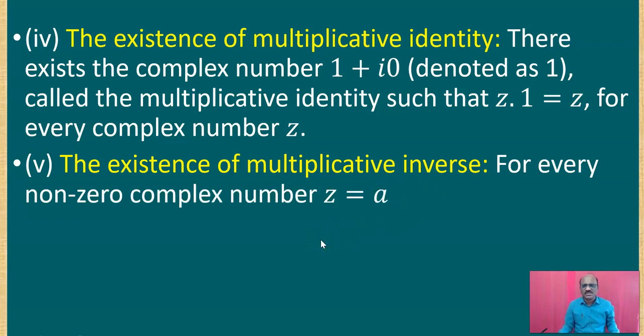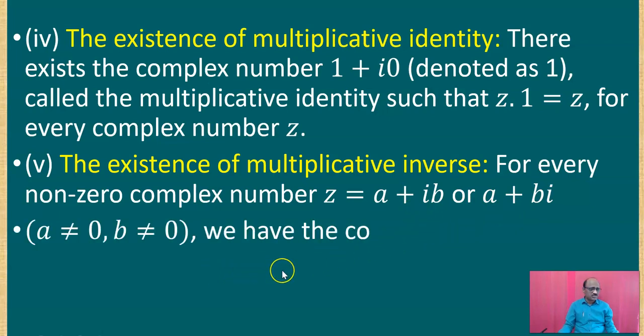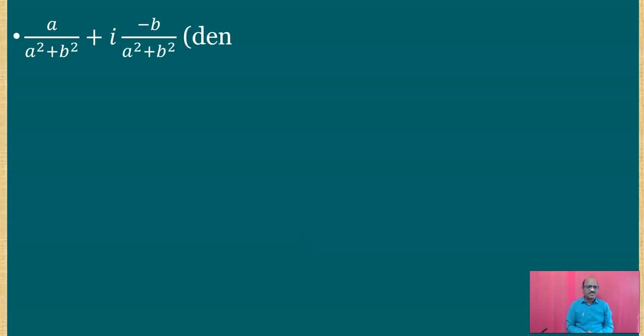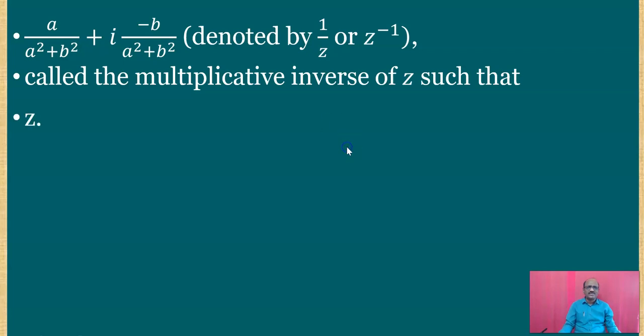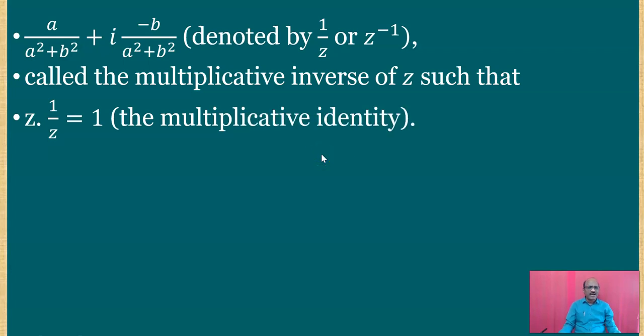For every non-zero complex number z = a + ib, where a is not equal to 0 and b is not equal to 0, we have the complex number a upon (a squared plus b squared) plus i times minus b upon (a squared plus b squared), denoted by 1 upon z or z raised to minus 1, called the multiplicative inverse of z, such that z into 1 upon z is equal to 1.